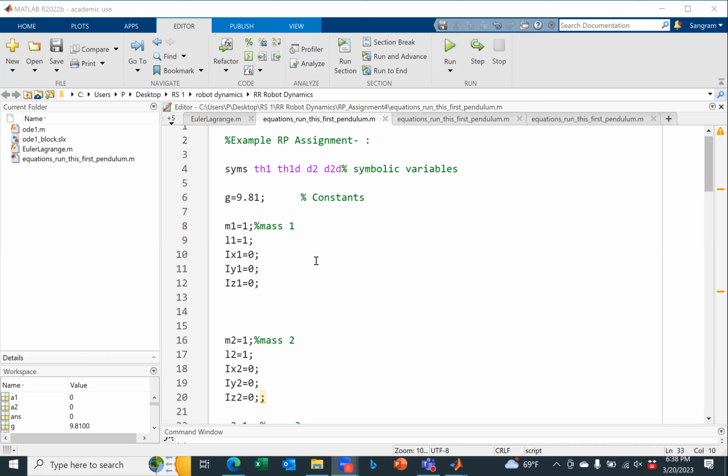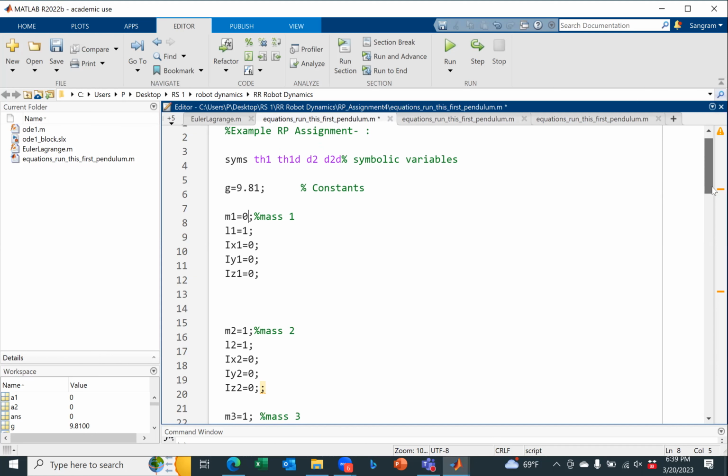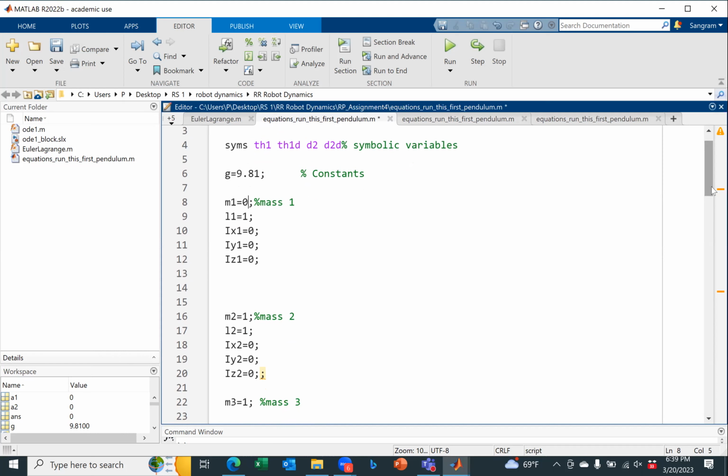Now, if you look at first mass, everything is 0. So I can actually consider this mass M1 to be 0. And we are going to modify this script to include the non-zero masses. Mass M2, which is 1 kilogram. This is not a slender rod. So basically all the masses are attached at the end effector.